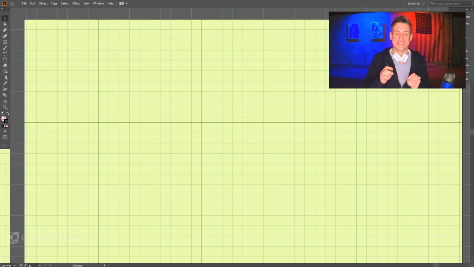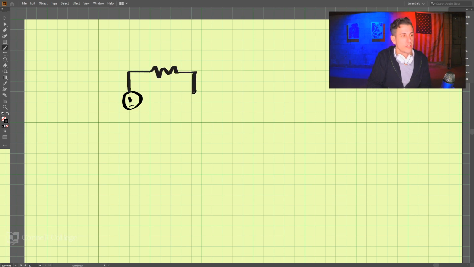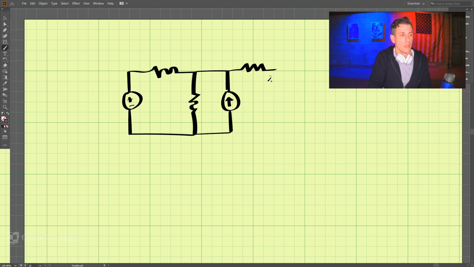We will now do an example of a Thevenin equivalent. So I'm going to draw a circuit. We have a voltage source connected to a resistor, which is connected to another resistor. And in parallel, we have a current source, and then that is connected to a resistor.